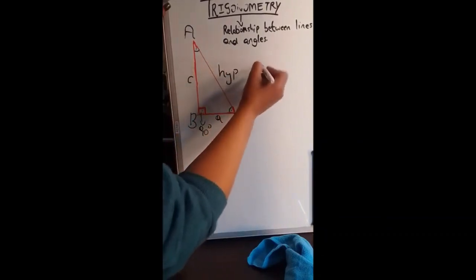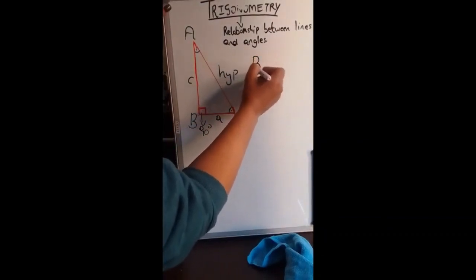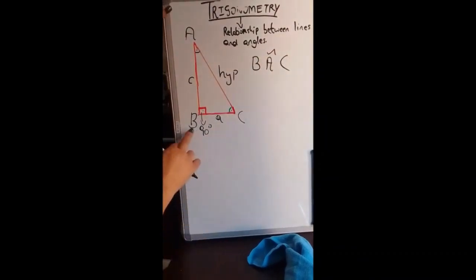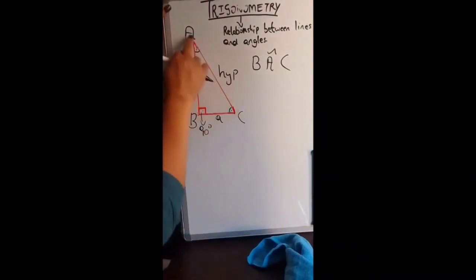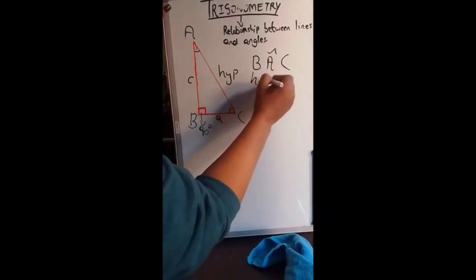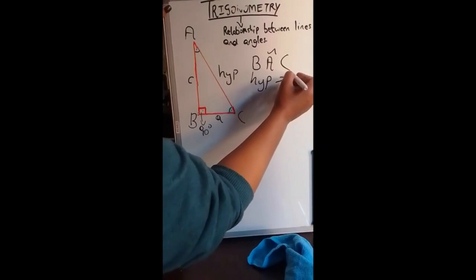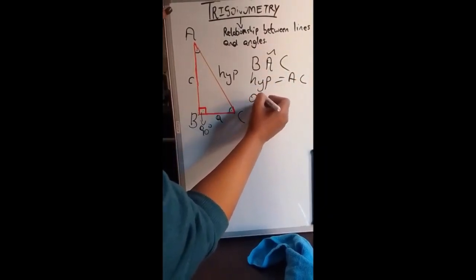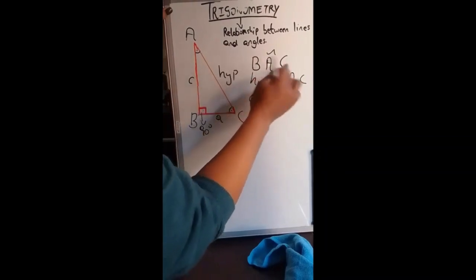Now let's focus on angle BAC. The hypotenuse side of BAC is side AC. What would be the opposite side to angle BAC?